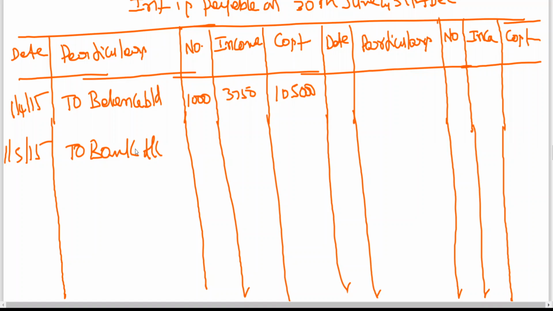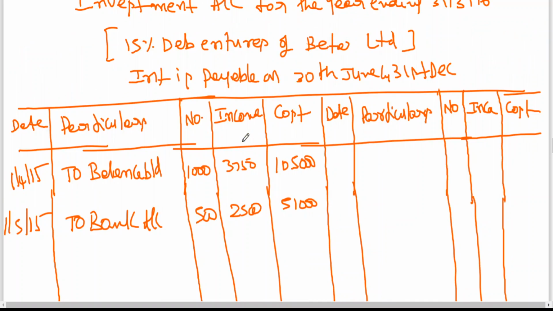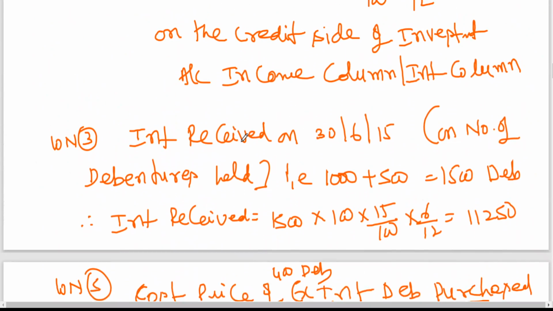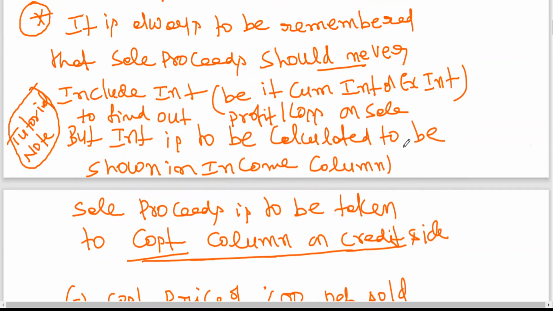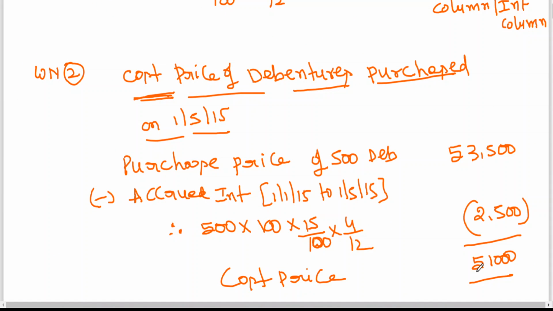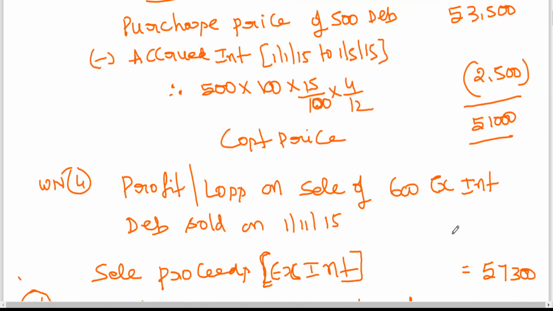I told you 500 debentures have been purchased. And what is the cost column? Accrued interest column 2,500. Cost column 51,000. Clear to all of you? 51,000 cost column, 2,500 interest column.